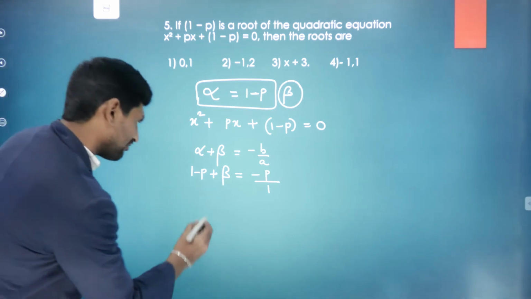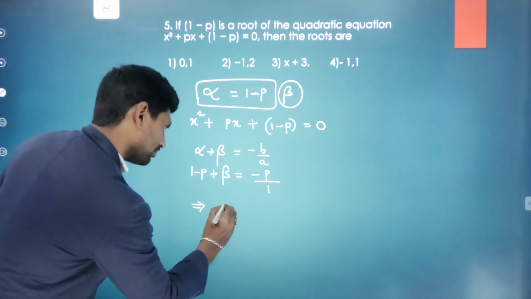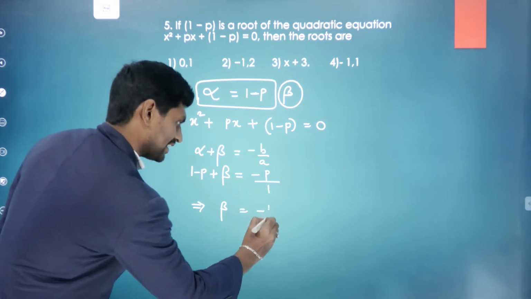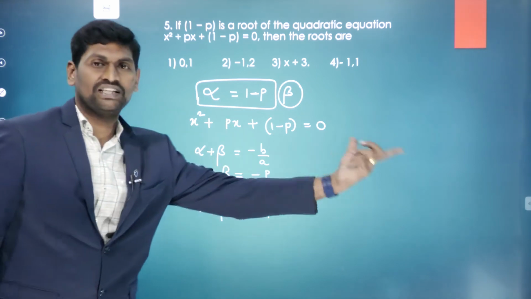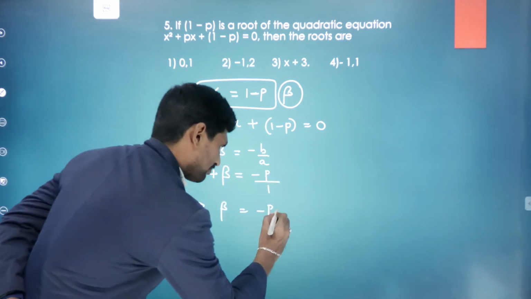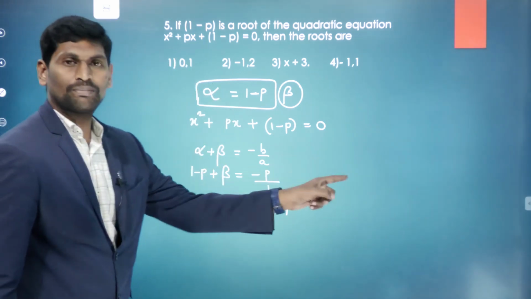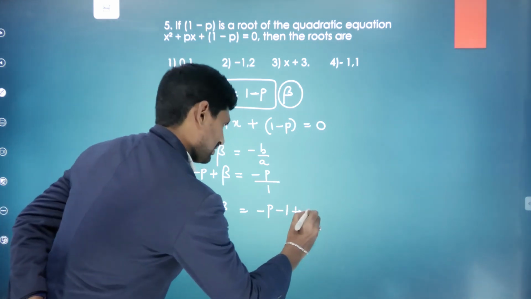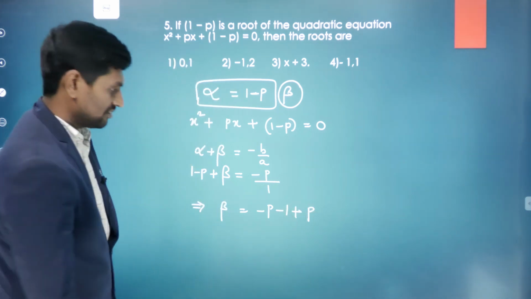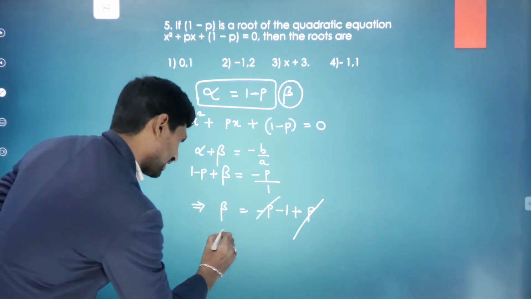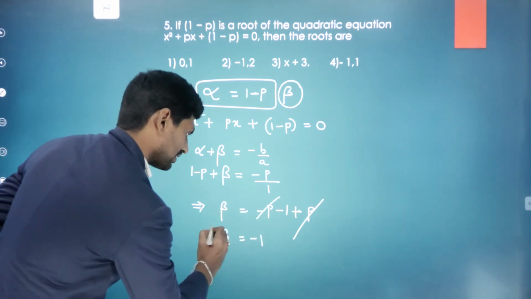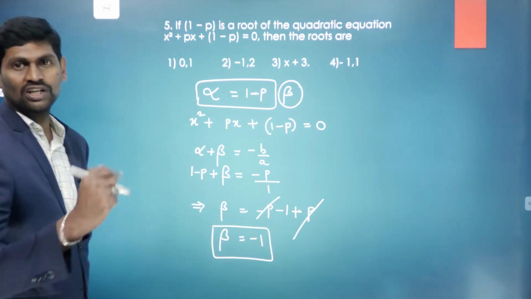So from this I can find the beta value. Now transpose 1 minus p to that side, so plus 1 becomes minus 1, and minus p becomes plus p. Plus p minus p cancelled. So the beta value is minus 1. We got one of the answers.